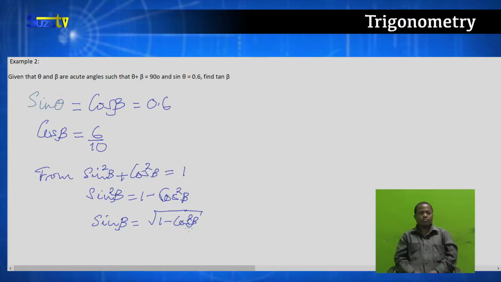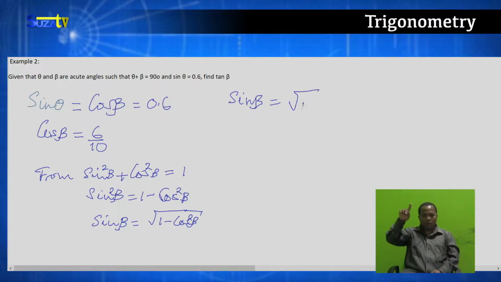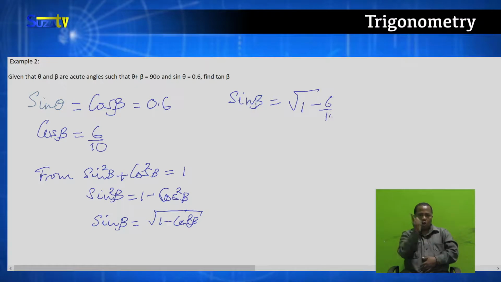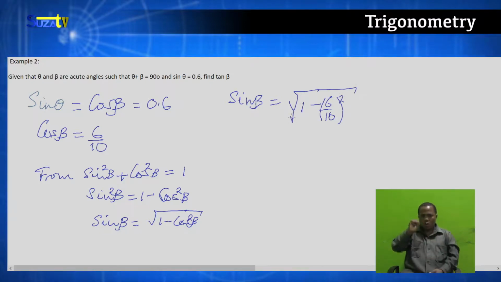So from here we can have sine of angle beta equal to square root of 1 minus (6 over 10) squared. Remember, 6 over 10 is only cos of angle beta, but here we have cos squared of angle beta.